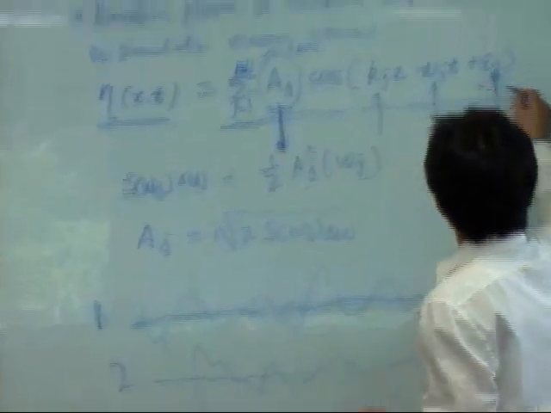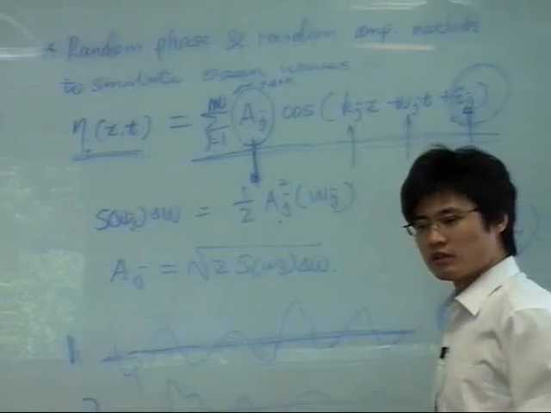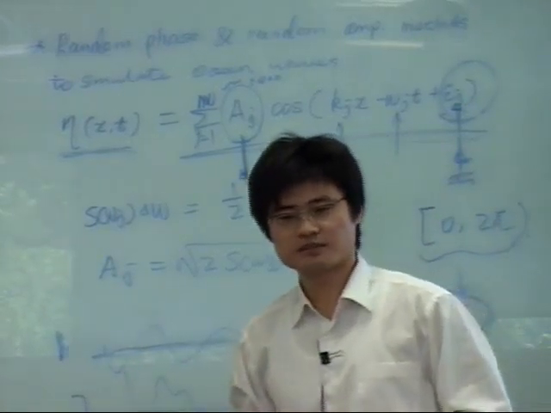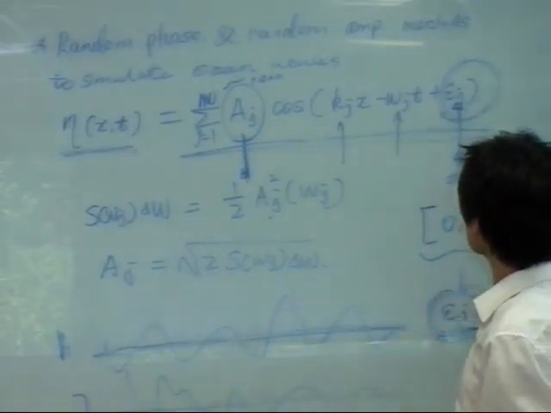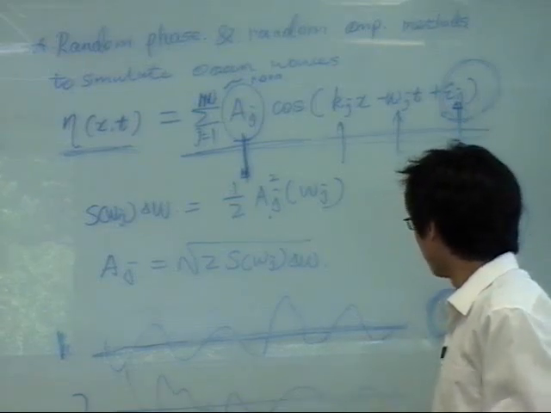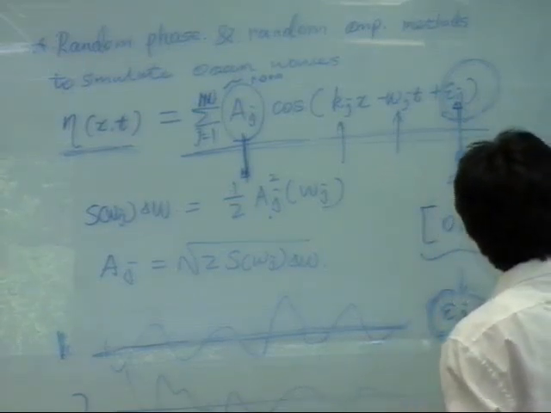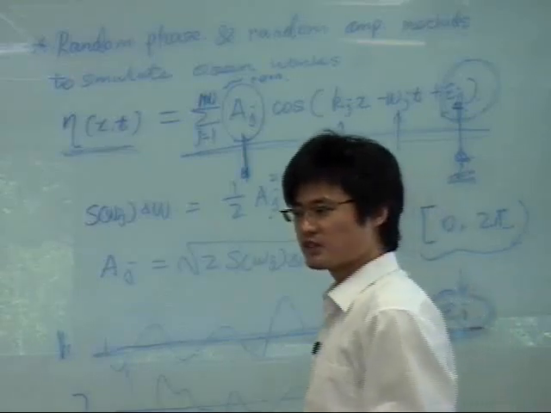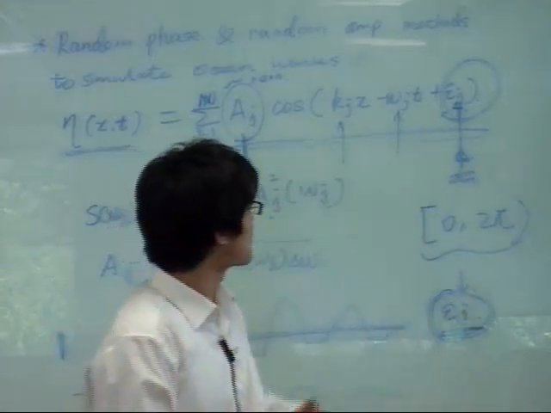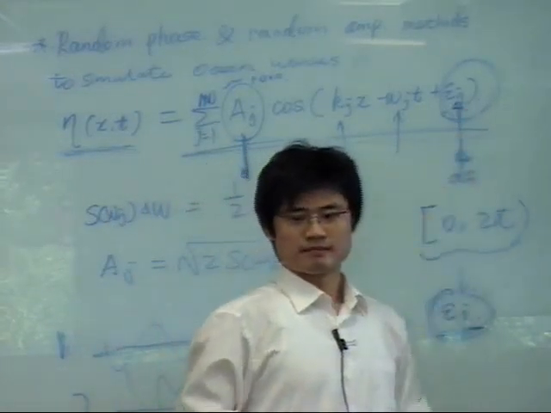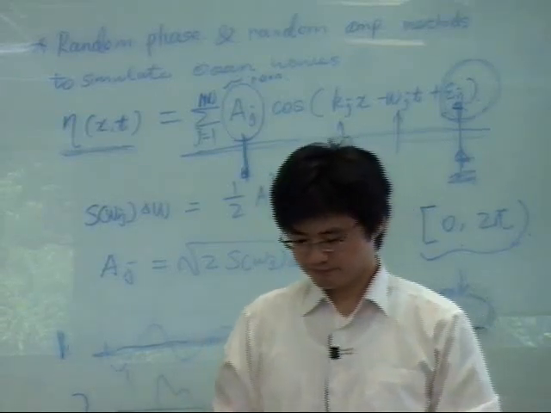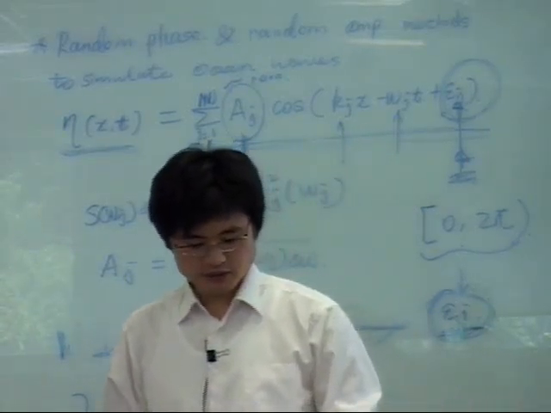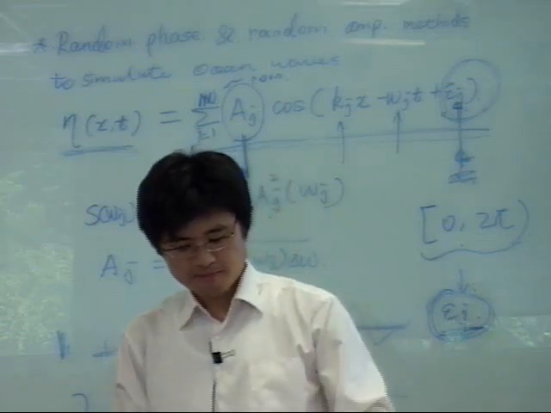So that's the important thing. That means the phase, when we do this, we just arbitrarily put a phase in there. Why is that? Because when we generated this spectra, we already threw the phase information away. This is the way we simulate the random waves.